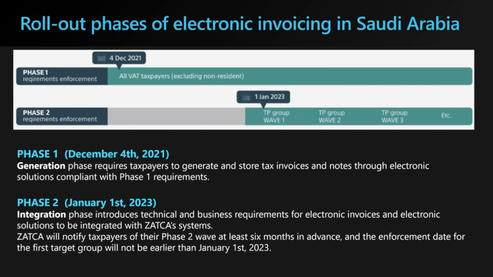Phase 1, or the generation phase, which was already completed last December, assumes that all taxpayers must be able to issue invoices in electronic format and store them locally without submission to the tax authorities. The format of invoices was not strictly mandated at this stage.